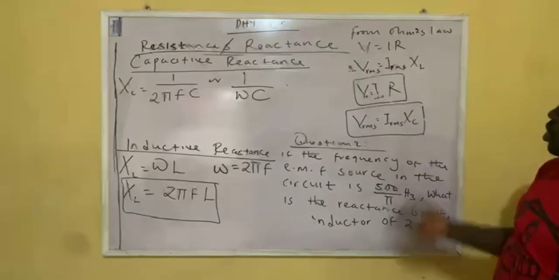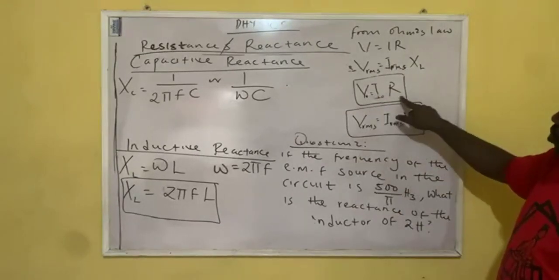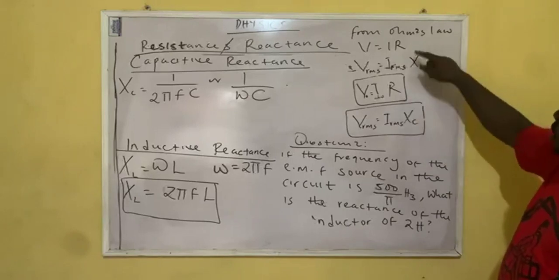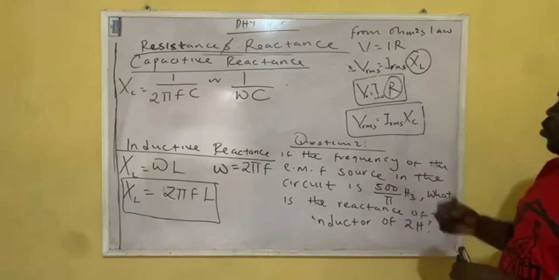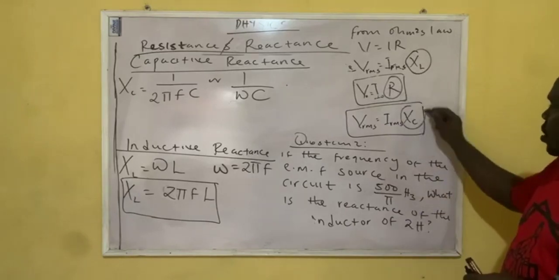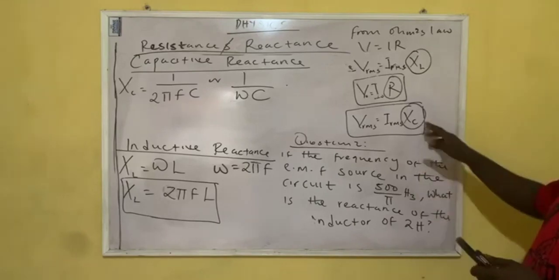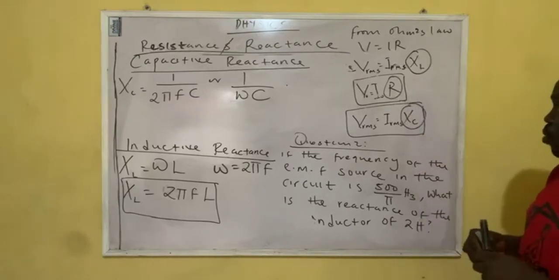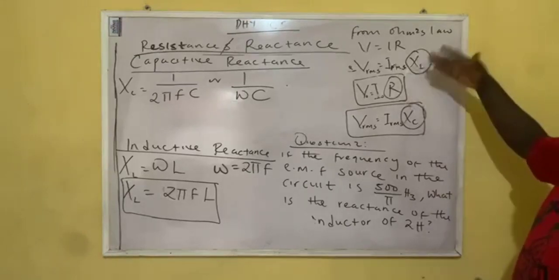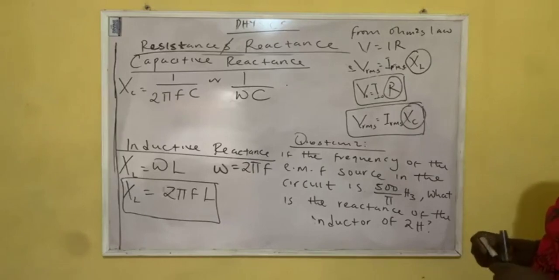The same using the peak current and the peak voltage. You have the same thing here. Remember that this and this are both in ohms, including this. They are in ohms, so do not be thinking what will be the units. The unit is actually ohms. So that shouldn't be a problem. So they are all opposition to the flow of current, all of these that you're seeing on the board.